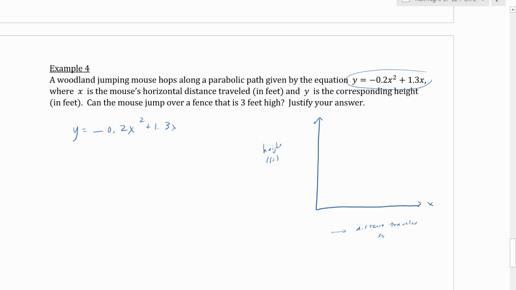Now notice I only did the first quadrant because those 2 things are going to be positive numbers, a distance and a height.